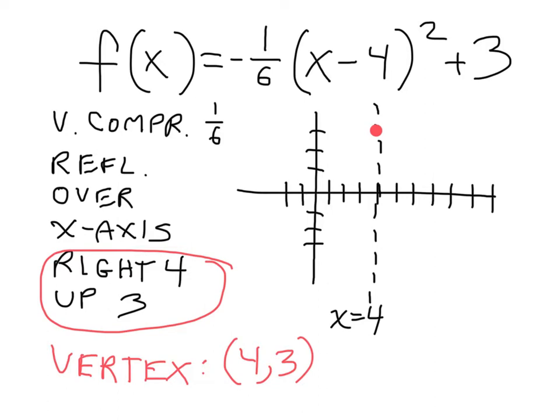I can plug in any x value that I want for the other point, but since I have a fraction, I might want to think a little bit more about what I might want to use. Again, any number will work, even if it's a fraction, as long as you put it in between the correct two integers and it's reasonably close.